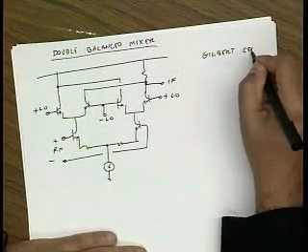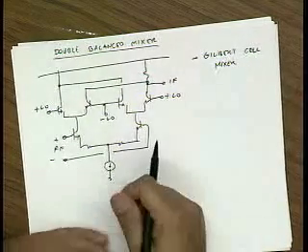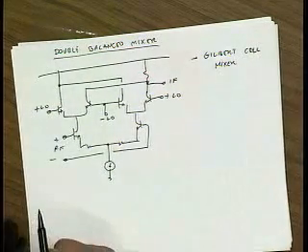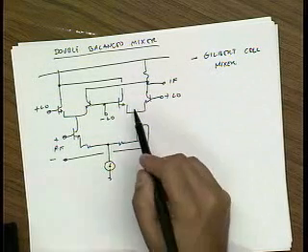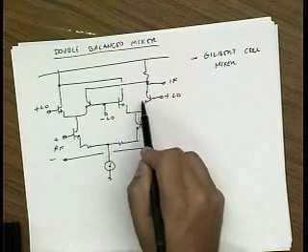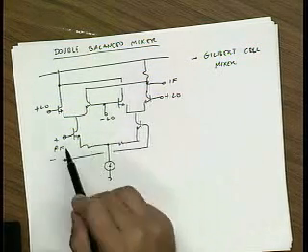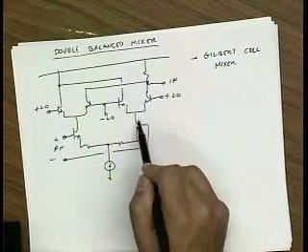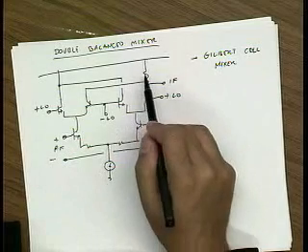And the idea here is that it's going to work a lot like the single balanced mixer that we've already discussed. This is basically, let's just focus over here. So on the plus LO cycle, this transistor will be on, and my RF current will basically go from here to the output.